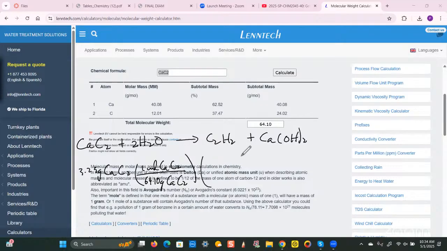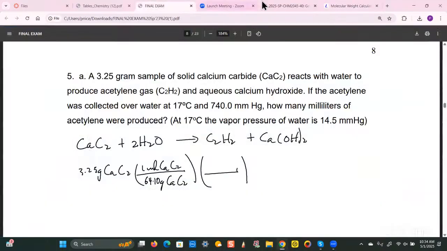Okay, and now we look at the mole ratio. We go back to the exam. The next step would be the mole ratio between the calcium carbide and acetylene, and that's a 1-to-1 mole ratio. So we're going to put 1 mole of C2H2 above, 1 mole of calcium carbide below.